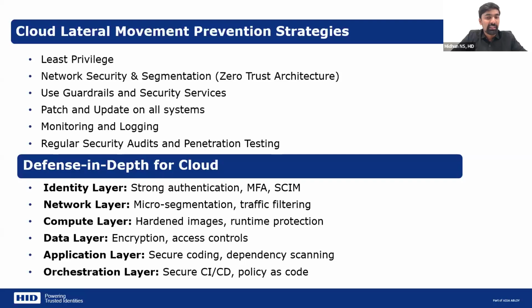In the compute layer, it's the hardened AMIs or images that we use. In the data layer, we need to encrypt data in transit and at rest. In the application layer, we need to follow secure coding practices to build this layer strong. And in the orchestration layer, we secure CI/CD pipelines and enforce code policies. And yeah, these are the things.